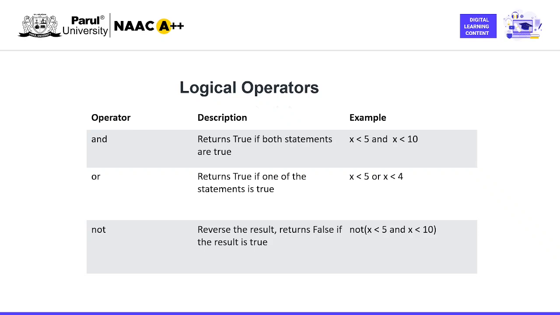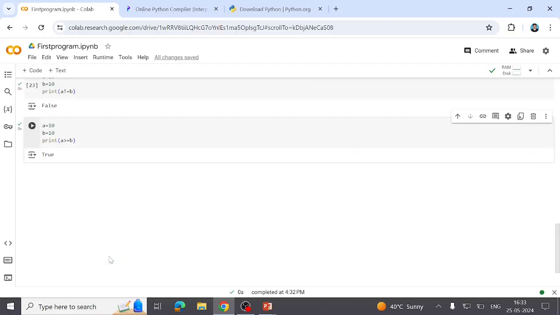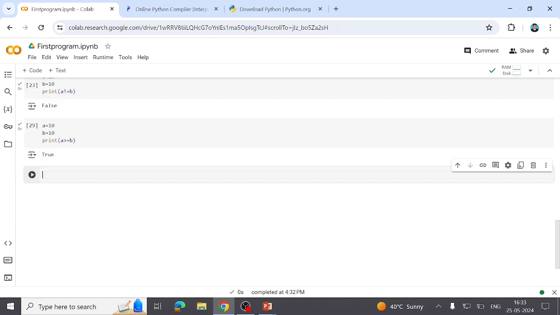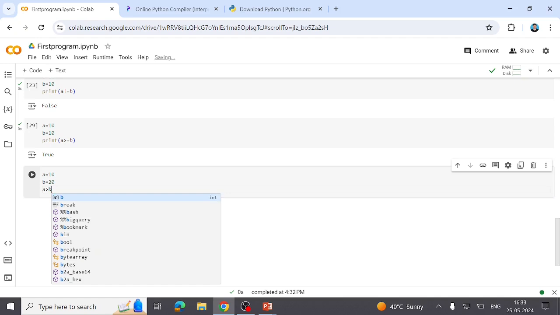For example, if you want to check in a single statement A is equal to 10 and B is equal to 20, or A is greater than B and B is less than A, or A is less than B.